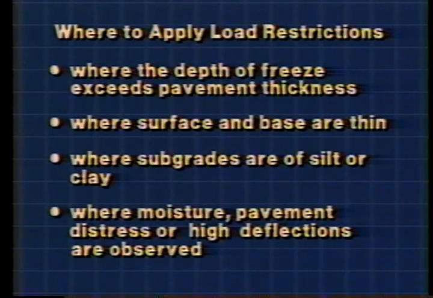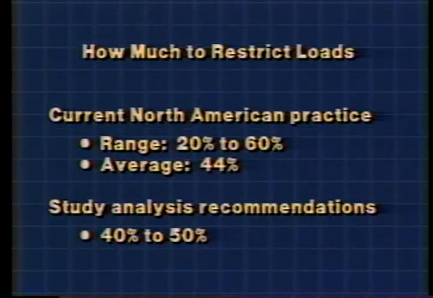The criteria that you should consider when selecting where to use load restrictions include the depth of freeze, which we will discuss shortly, the surface and base thickness, whether the pavements are on fine-grained subgrades such as silts and clays, local experience relating to observed moisture and pavement distress, and deflection measurements.